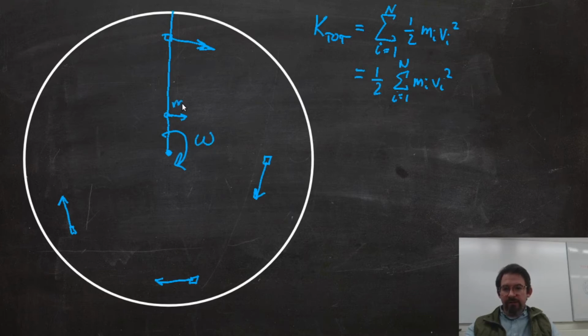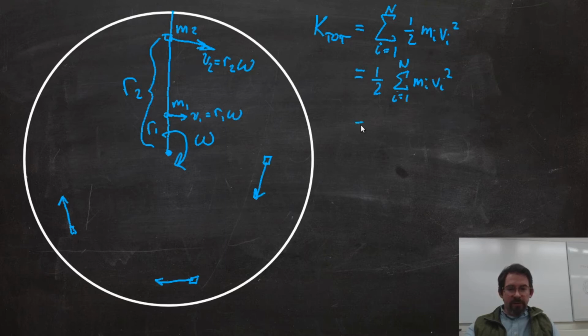So if this was mass 1 and it had radius 1 from the center, and this was mass 2 and it had radius 2 from the center, well, I could just consider these radii separately and think about the fact that omega is the same for all of these. So we know that the velocity of each little bit, velocity 2 here, would be radius 2 times omega. And here this velocity, velocity 1, would be radius 1 times omega.